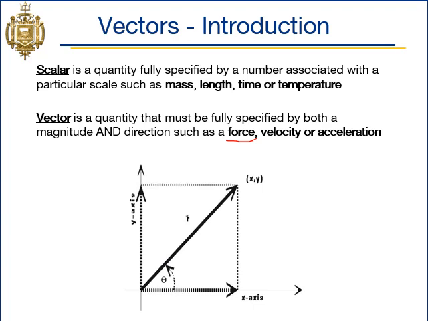This force vector R has a magnitude, which is the length of the vector, and our direction would be this angle theta off of this horizontal x-axis. Forces are the main vectors we'll see in this class, and the magnitude is equal to the length of the vector, and the direction is this angle theta.